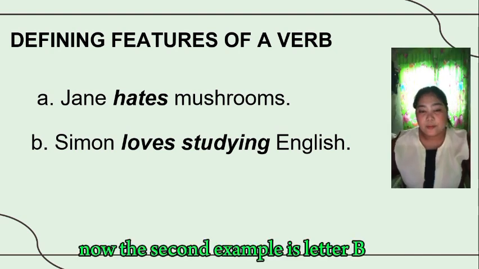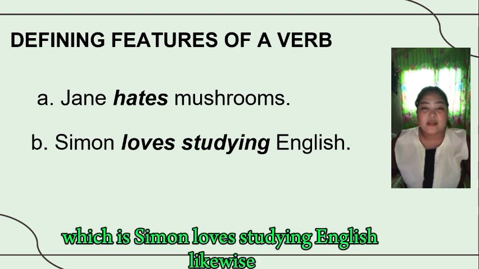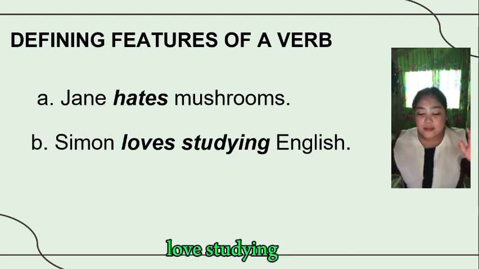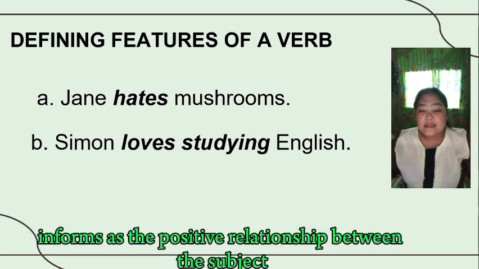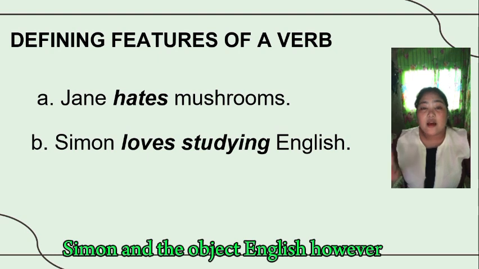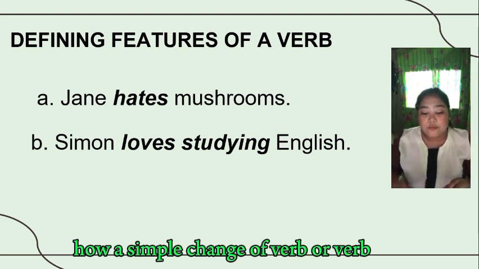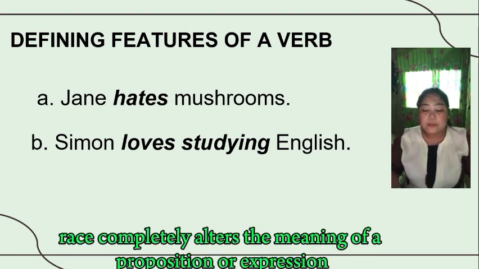The second example, letter B, is Simon loves studying English. Likewise, in example B, the verb phrase loves studying informs us of the positive relationship between the subject Simon and the object English. However, notice in the following examples how a simple change of verb or verb phrase completely alters the meaning of a proposition or expression.